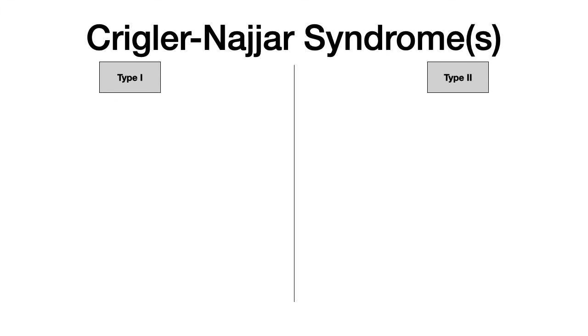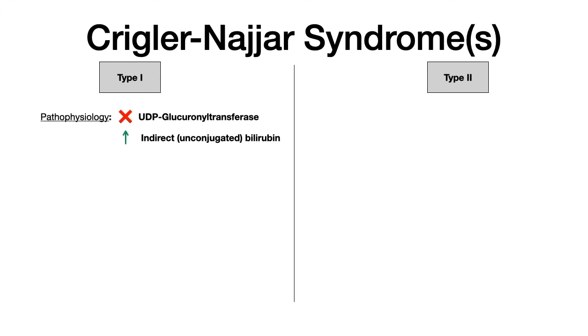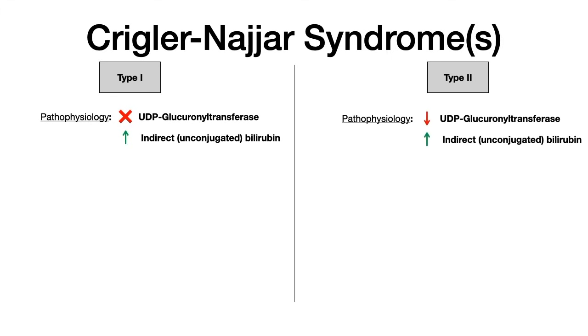So for type 1 Crigler-Najjar, the problem is that you have a complete dysfunction of UDP glucuronyltransferase, so a knockout basically. The enzyme just simply isn't there. So you're going to have very elevated levels of indirect or unconjugated bilirubin. The problem with type 2 Crigler-Najjar is that you don't fully knock out the enzyme, but you have a deficiency of the enzyme, okay?